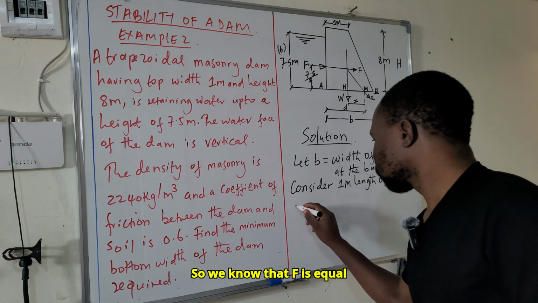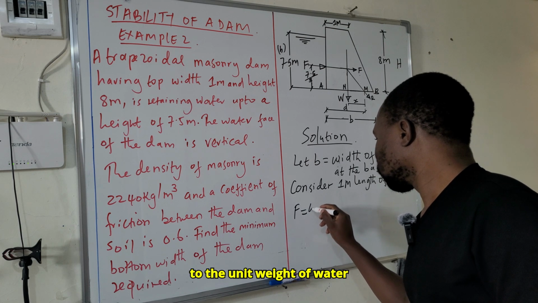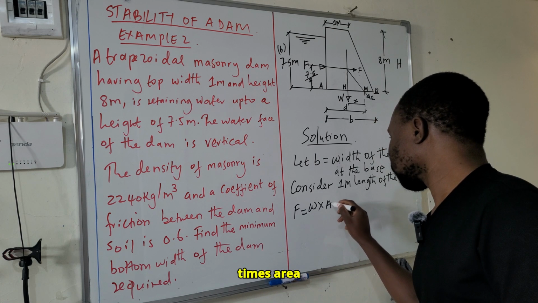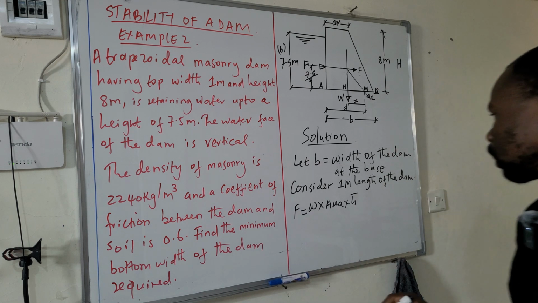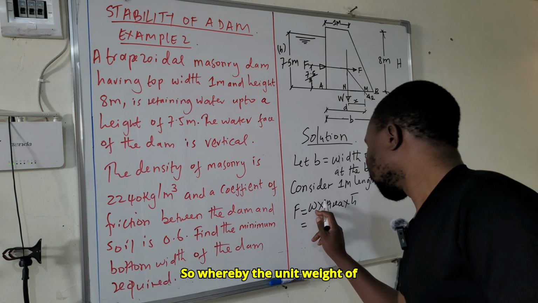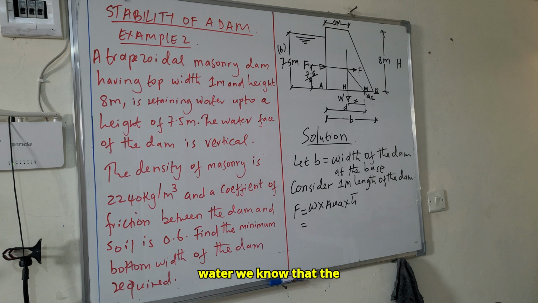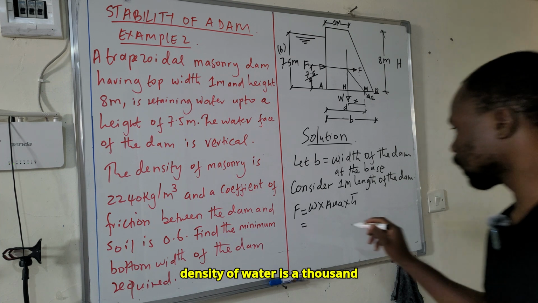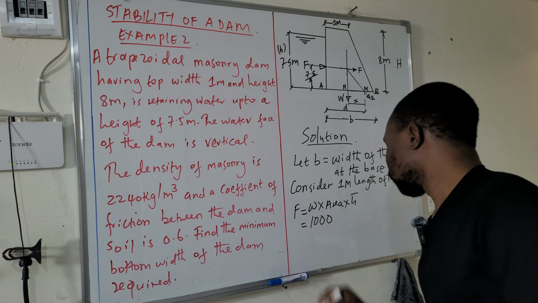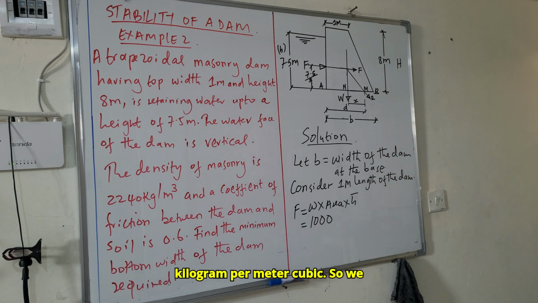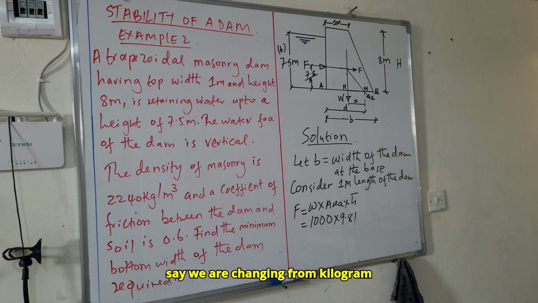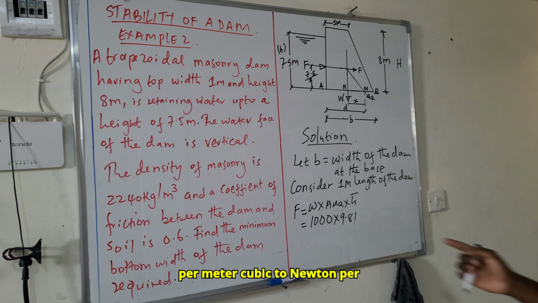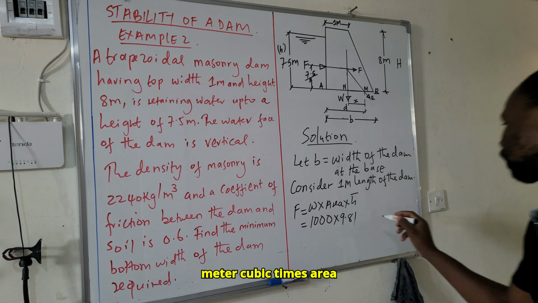You know that F is equal to unit weight of water times area times h bar. The density of water is 1,000 kilogram per meter cubic, so we multiply by 9.81, changing from kilogram per meter cubic to Newton per meter cubic, times area.